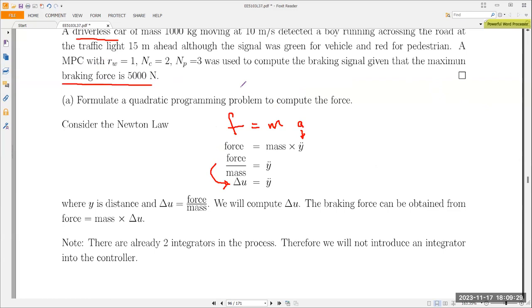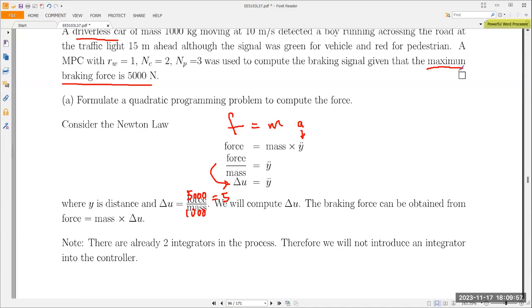So delta U will have a maximum of 5000 divided by the mass of 1000, which equals 5. So that is a constraint on the braking force that you can apply.